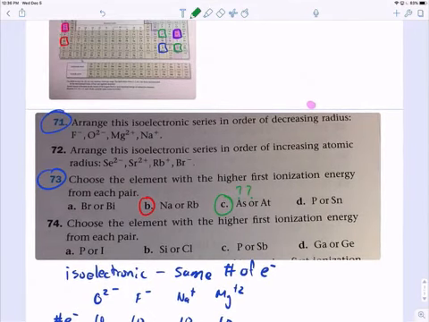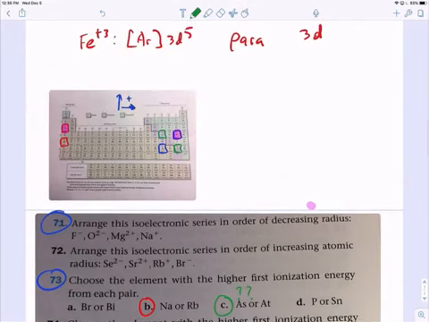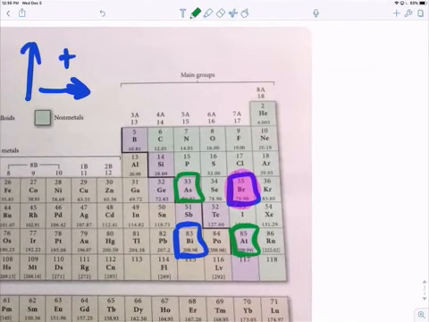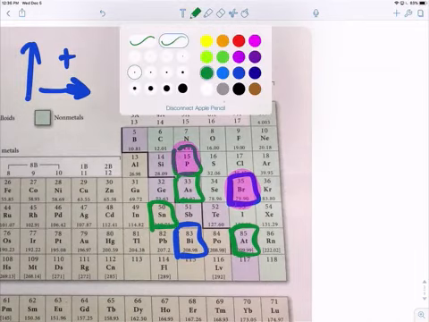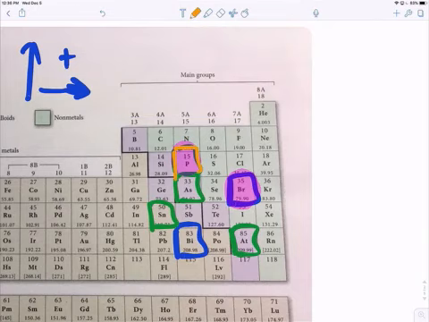And phosphorus or tin. Well, that's going to be the same as bromine or bismuth, because phosphorus is here and tin is here. So it's that, up and to the right.